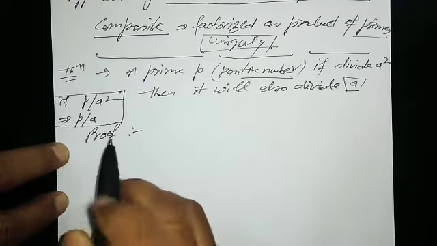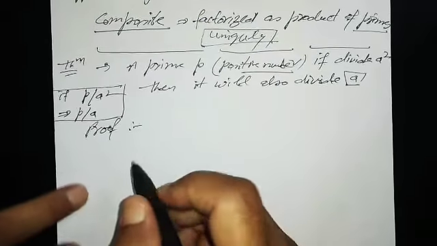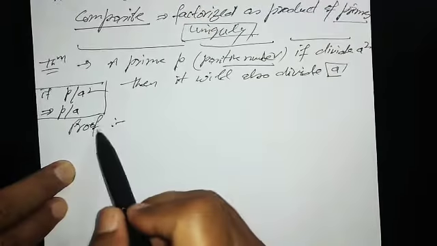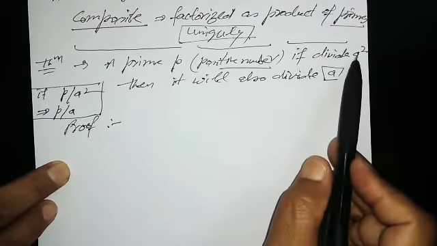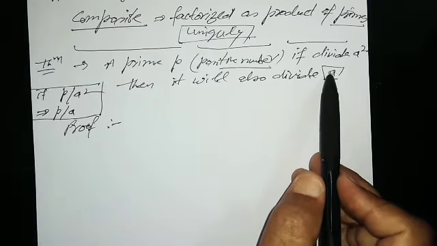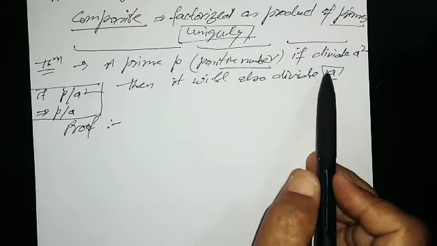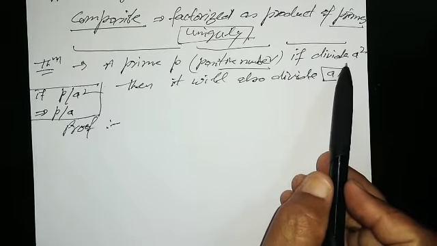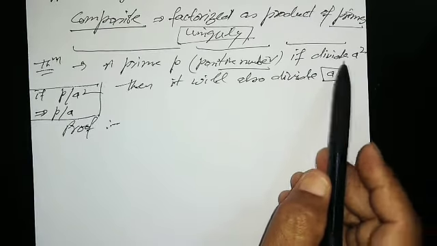But at this level, as it is given that a prime number divides a square, you can think a square is not prime, so it is composite, right?